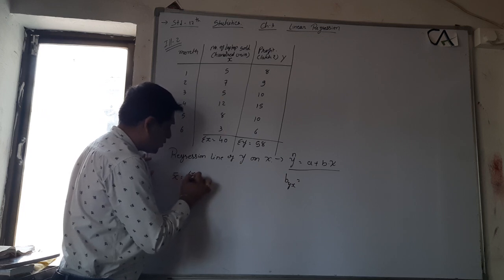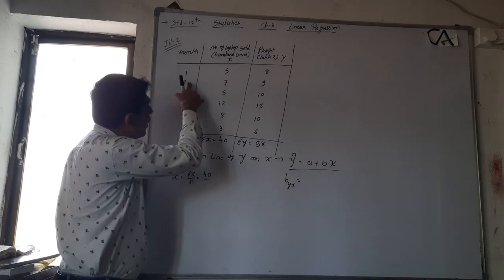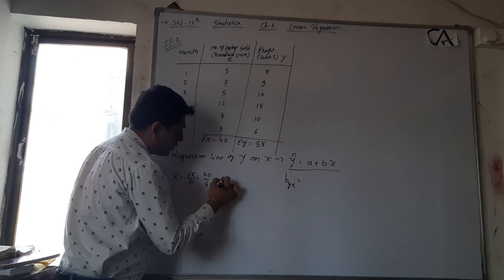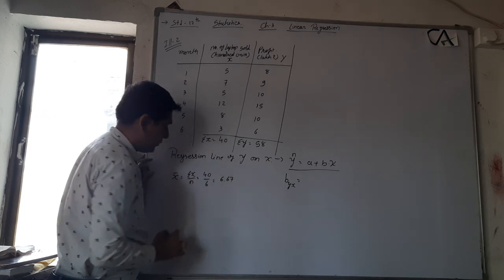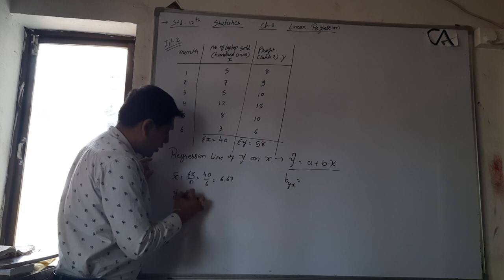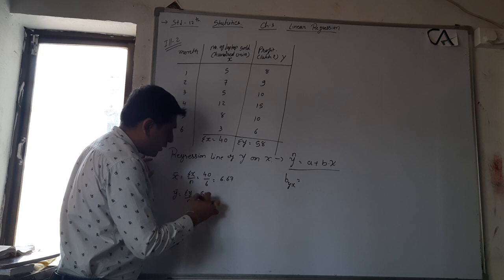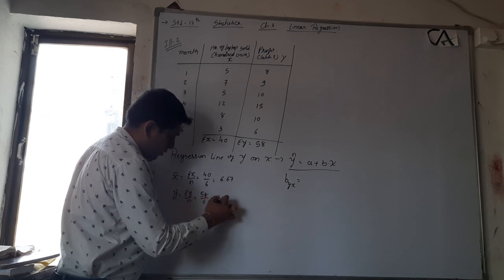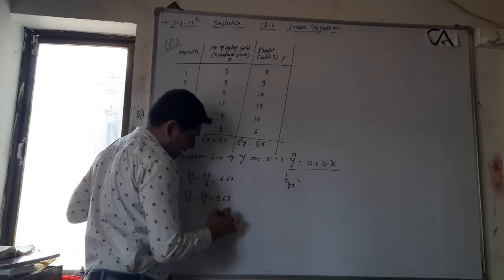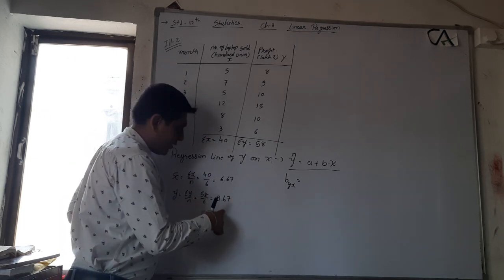X bar is equal to sigma x upon n, that is 40 upon 6, 6.67. That is your x bar. Y bar is equal to sigma y upon n, that is 58 upon 6, 9.67. That's why we are taking 67.